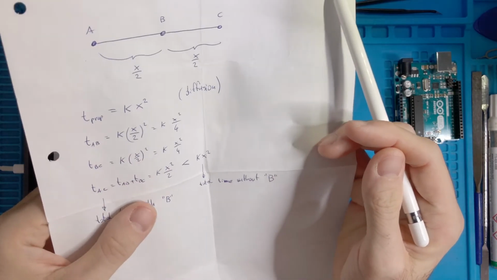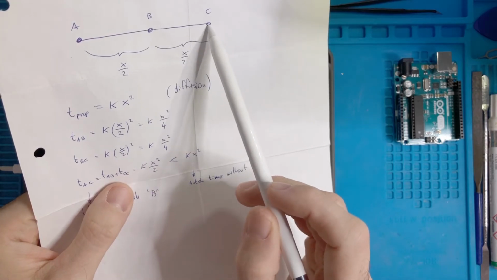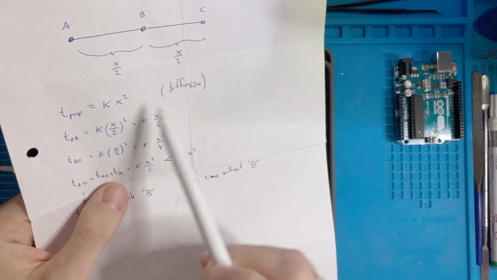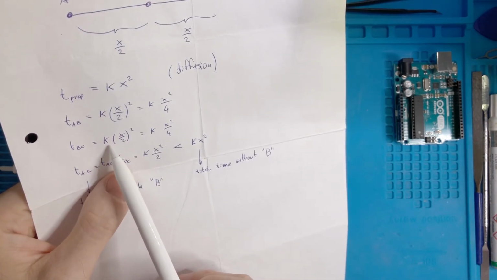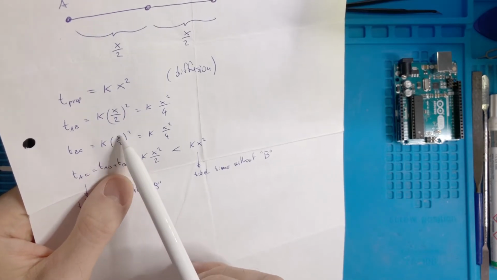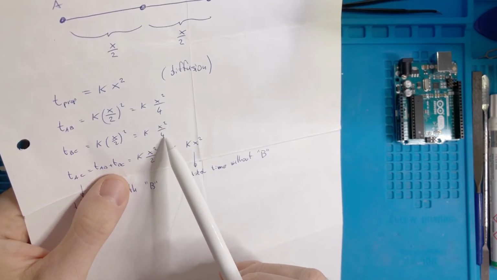And similarly, if the signal is regenerated in B and sent to C, because we have the same half distance here, the time TBC is the same: k multiplied by the distance x over 2 raised to the square, so it's kx squared divided by 4.